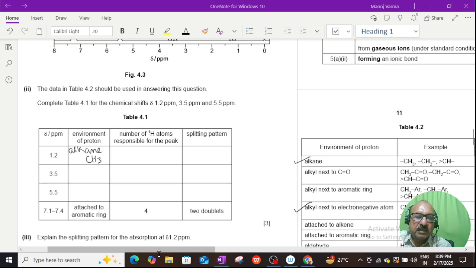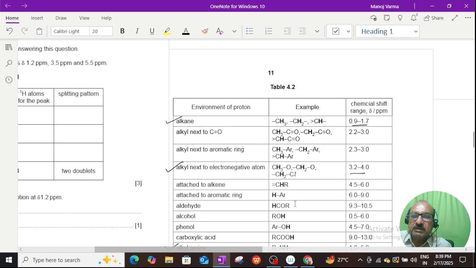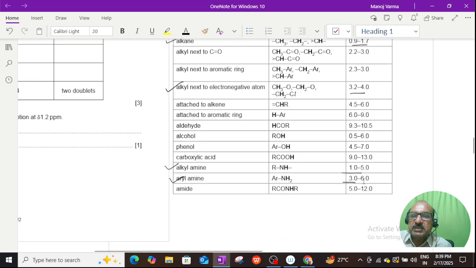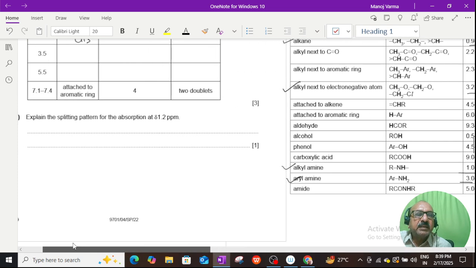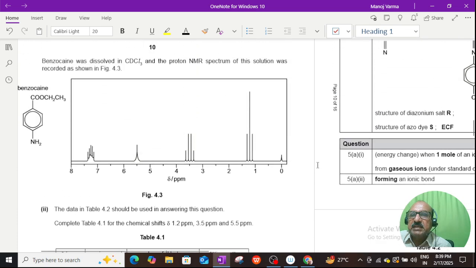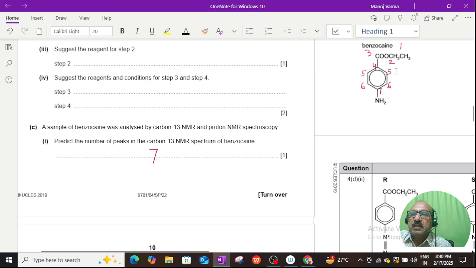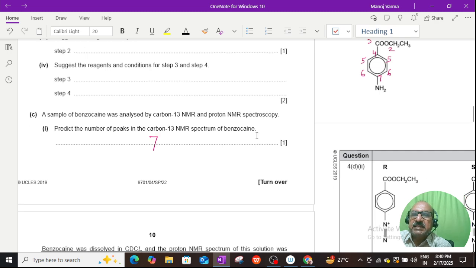Then the 5.5. Once again, look at the table and identify the 5.5, which is in this range. So it could be an NH2 attached to the benzene ring, which is already there in the structure of benzocaine, and then you have to identify the number of hydrogen atoms responsible for the peak, which you can easily find out from the structure of benzocaine, how many protons are there for each of these peaks.